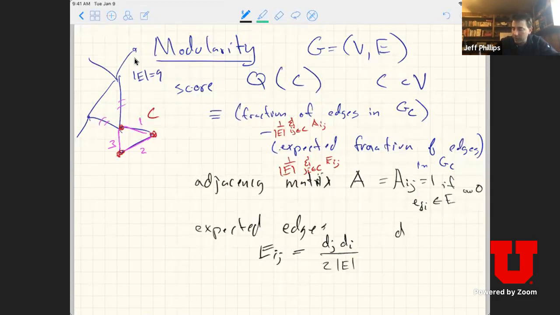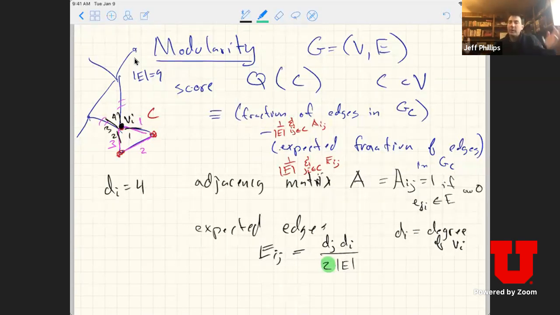Where d_i is the degree of v_i. For instance, in this case, if this was v_i, the degree is 1, 2, 3, 4. So the degree of i is going to be equal to 4 here. This is the number of edges which touch this vertex. And we have to divide by 2. The reason we're dividing by 2 is because every edge is touching 2 vertices, right?